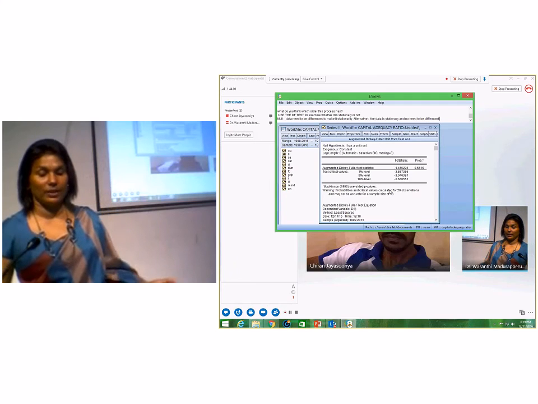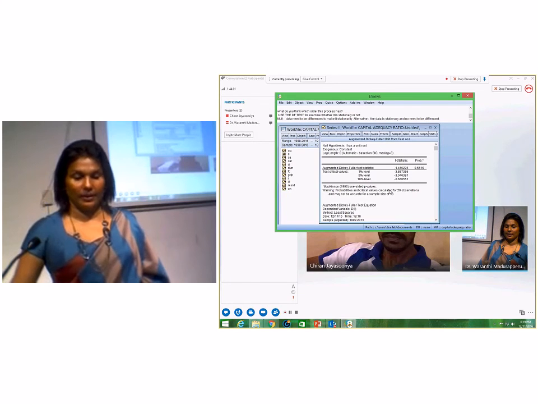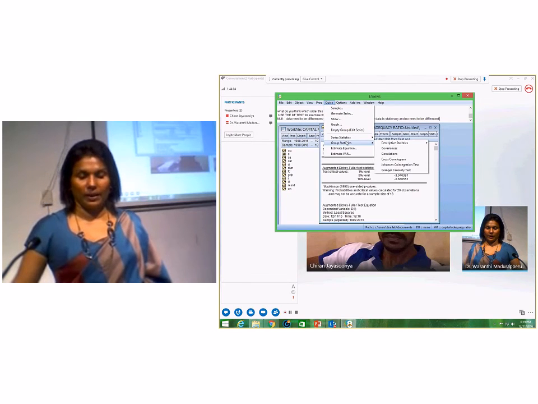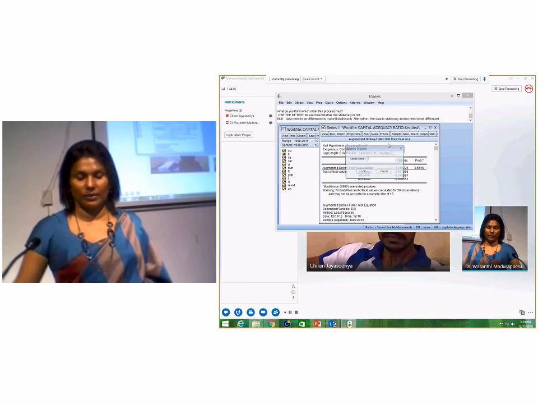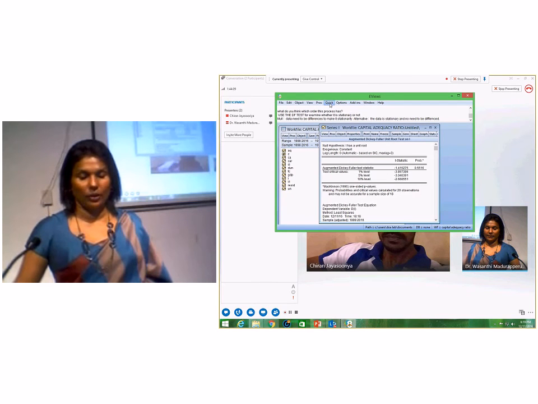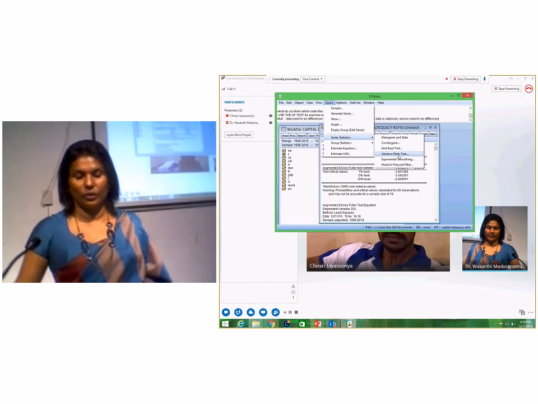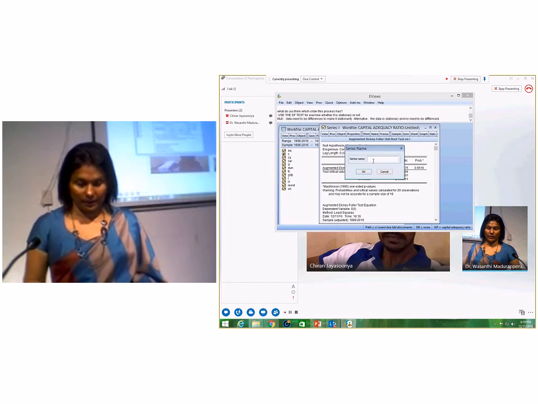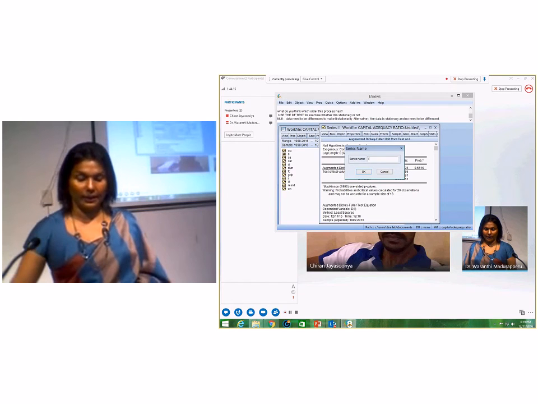Then they need to consider the second difference. Then go to Quick, Series Statistics. You need to test the data variable. It is I.